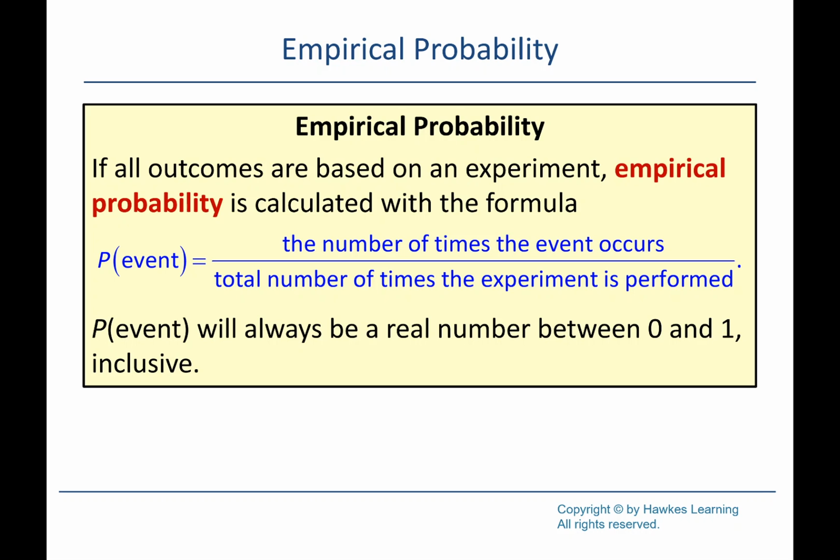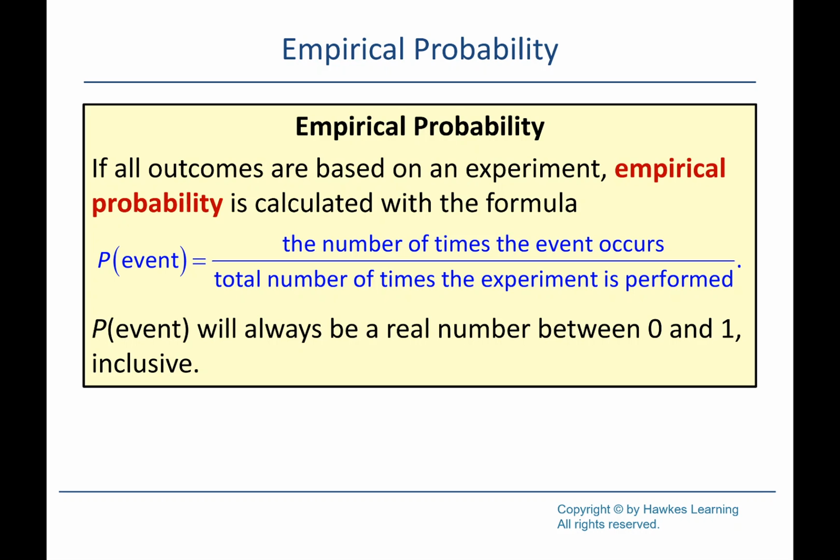So with empirical probability, our formula is a little different. It's the same idea, we're just in a different situation, so our formula is a little different. We don't necessarily have to know all the possible outcomes for empirical probability.